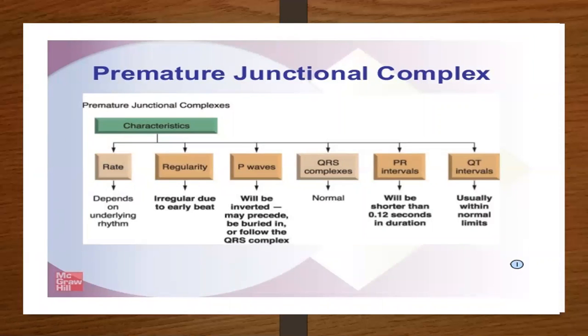Your QRS complex will be normal. Your PR interval will be shorter than 0.12 seconds, and your QT interval will usually be within the normal limit. Now we talk about the regularity as far as your PJC. It can also be regular but interrupted, okay?